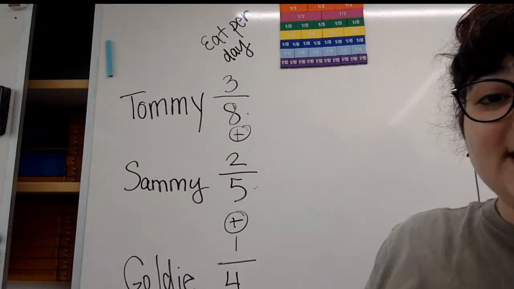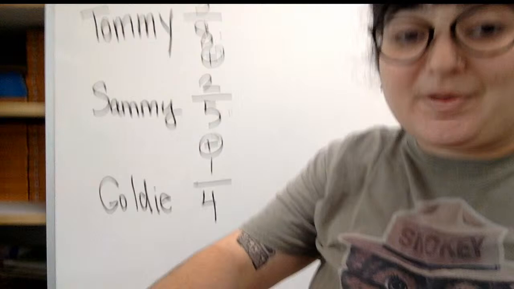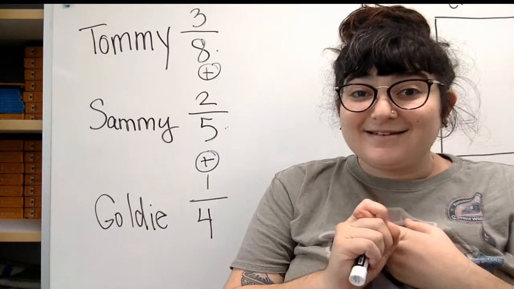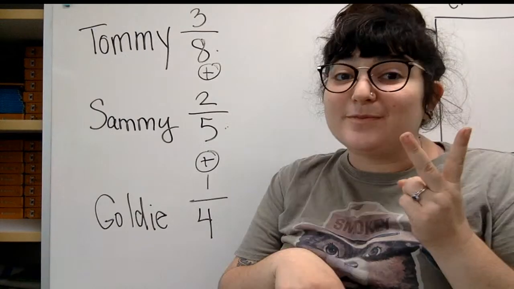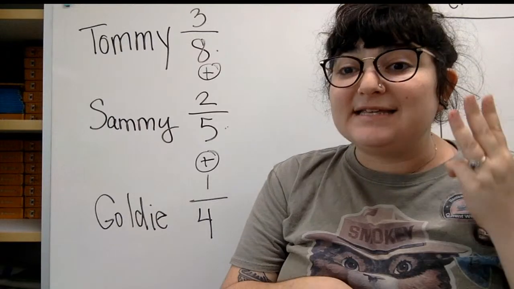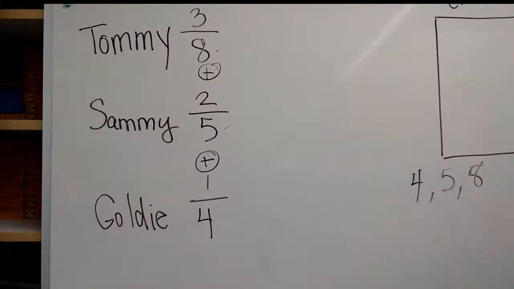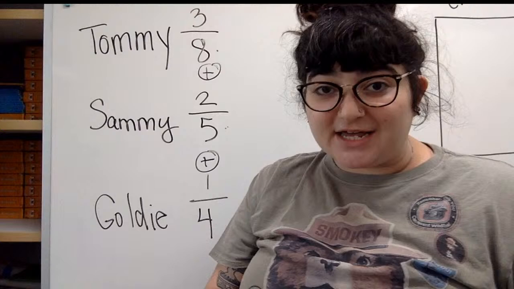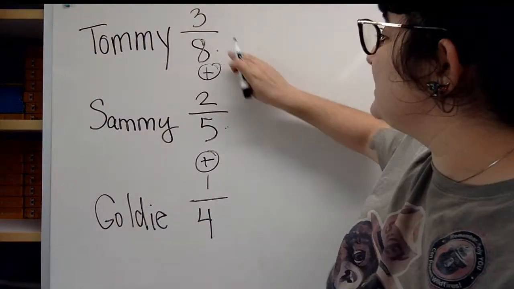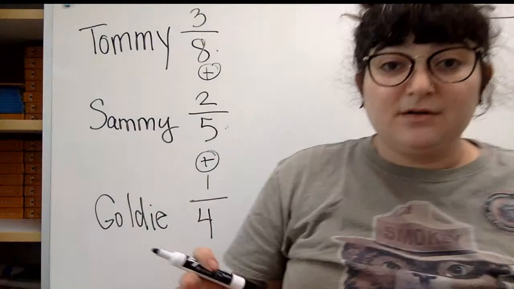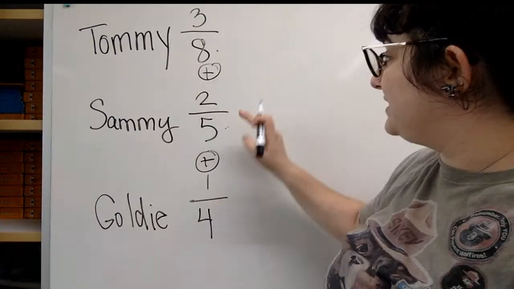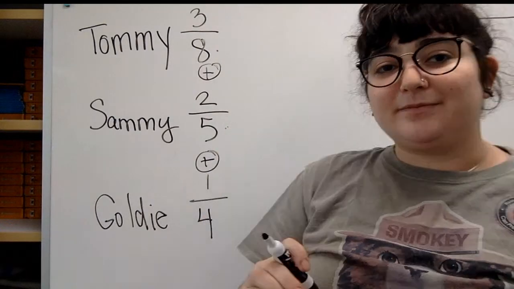So this is really exciting. I know that 8 is a factor of 40, 5 is a factor of 40, and 4 is a factor of 40. So if that's the case, we're going to just do a little bit of multiplication so that we can make sure these numbers, and specifically these denominators, are in common.